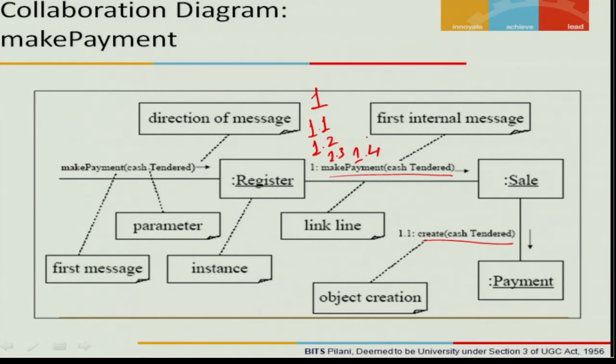These are the sub-messages inside that transaction. So it is a payment transaction, and inside that payment many messages are getting triggered. You can have numbering like 1.1, 1.2, 1.3, but that is optional. You can simply use 1, 2, 3, 4 kind of numbering. If possible, you can go for this transaction handling in the numbering within the collaboration diagram also.